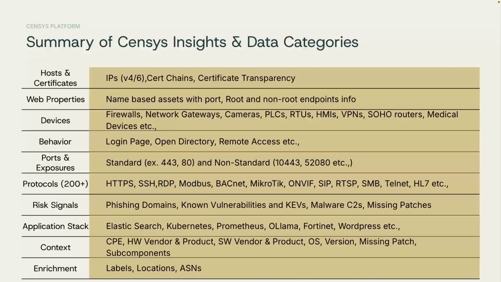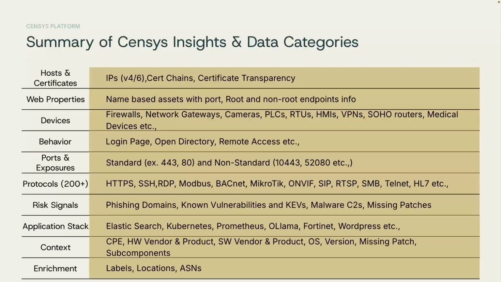You've got your hosting certificates, you've got your web properties. We can help with devices, including IoT and PLCs and the HMIs and all of those OT and SCADA systems that are now, of course, very much a huge target for a lot of our adversaries, even the day you're watching this. Now, login pages, open directories, if it has remote access.